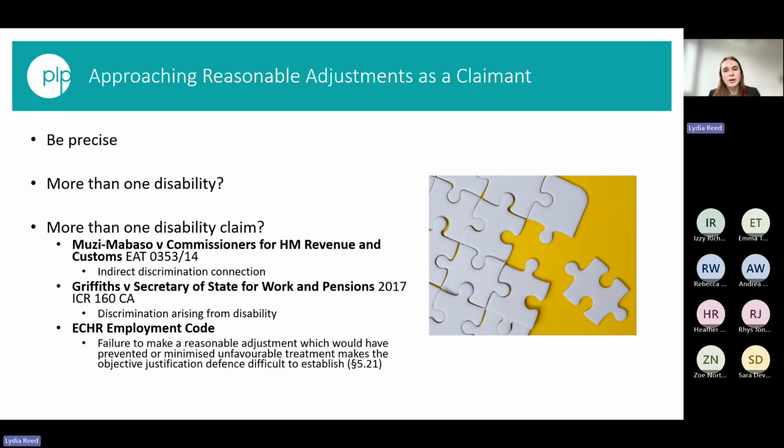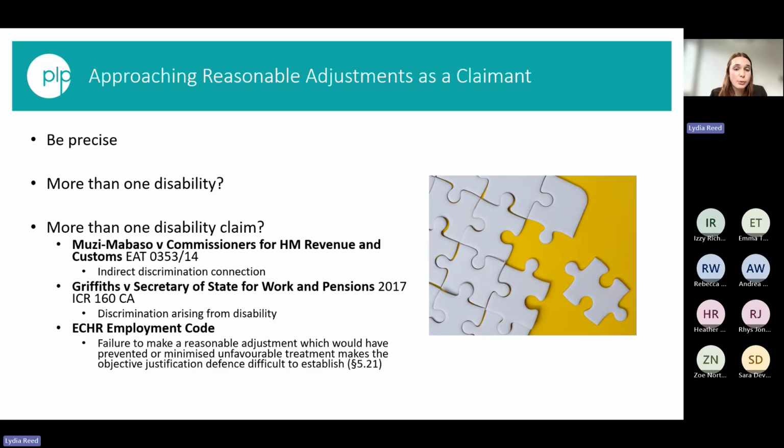So take stock and take instructions, of course, as to whether it is all or any disabilities for the reasonable adjustments claim, or if there is another disability claim with something separate, whether it's not relevant. Ultimately, it's not a case of everything going in for the sake of it. It's assessing and analysing how that particular disability has come into the reasonable adjustments claim.